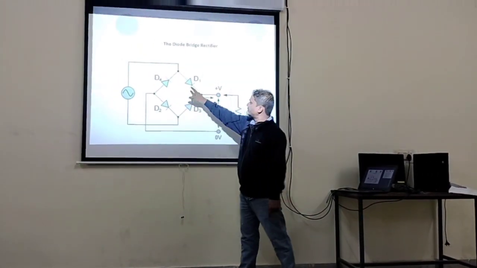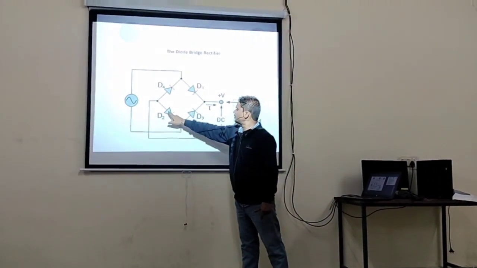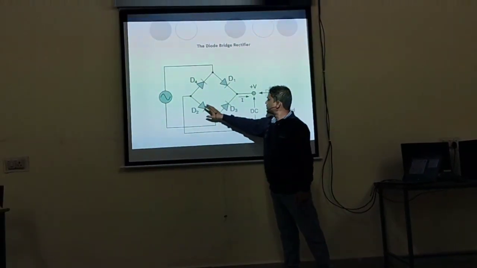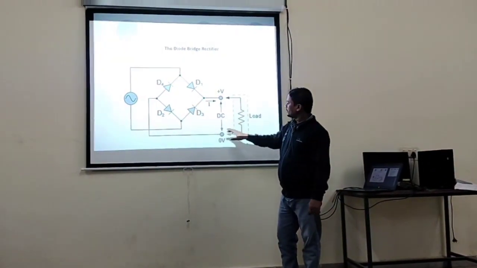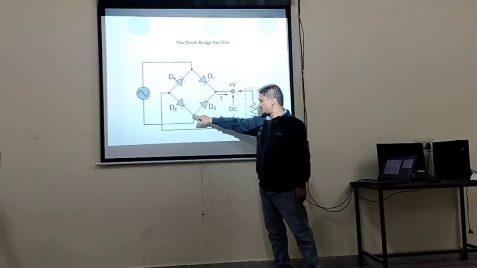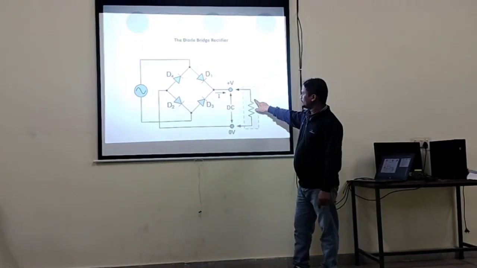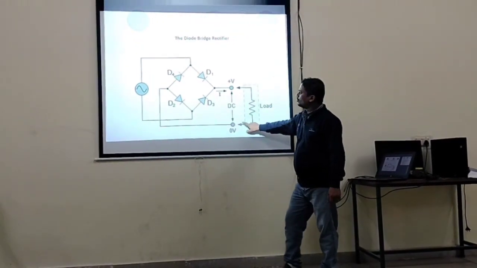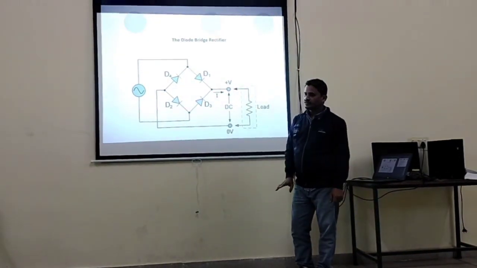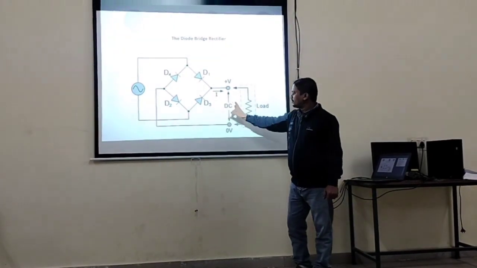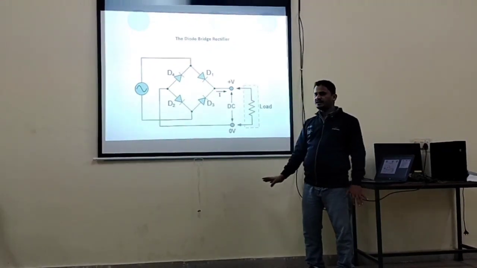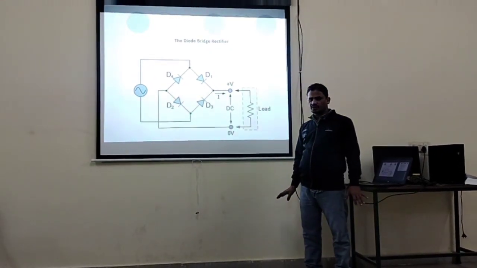The current signal is given to D3, then from D3 to the load, then from the load to D4, and then D4 to the positive side. During the negative half cycle, D3 and D4 are forward biased and D1 and D2 are reverse biased.